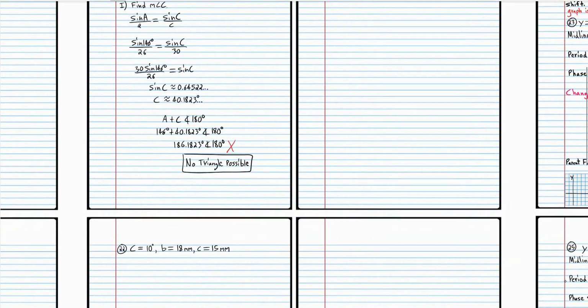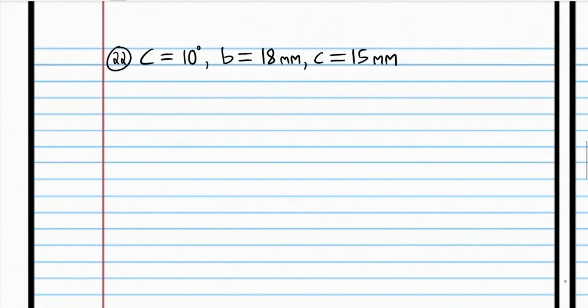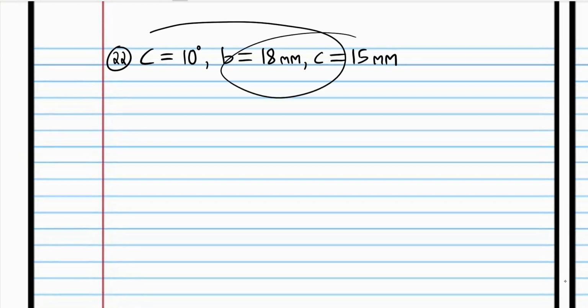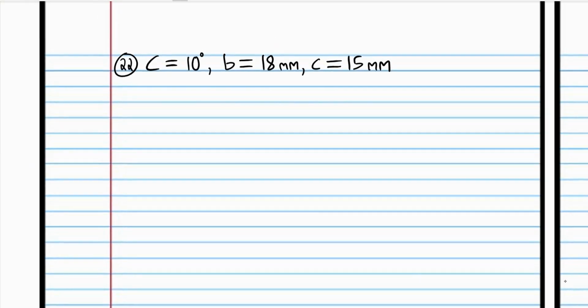So we have one more of these problems. Again, we have the side-side-angle SSA scenario. And see what you can do on this problem. You want to find the angle, make sure that when you add it to the original angle, the sum is less than 180.